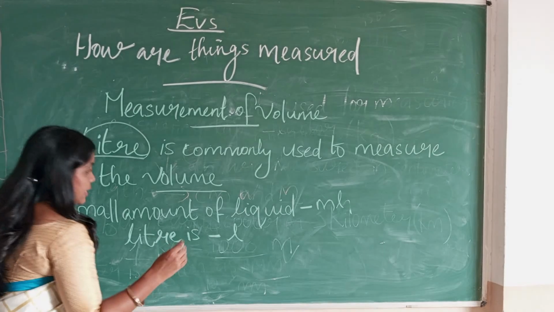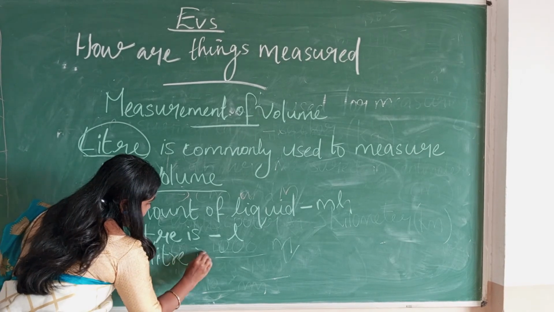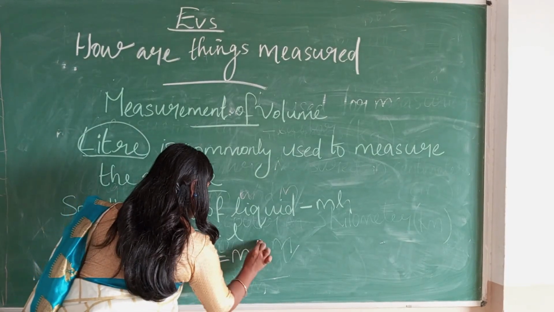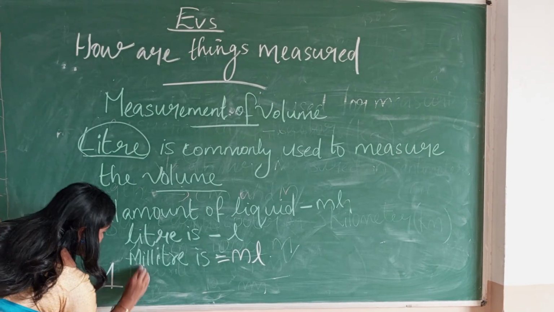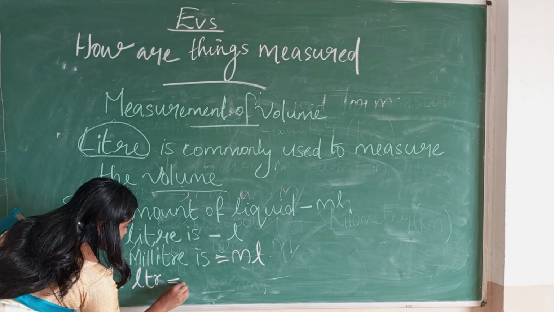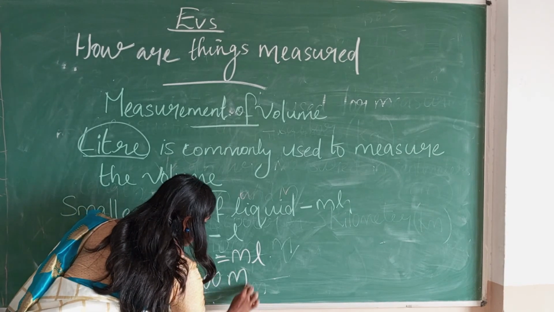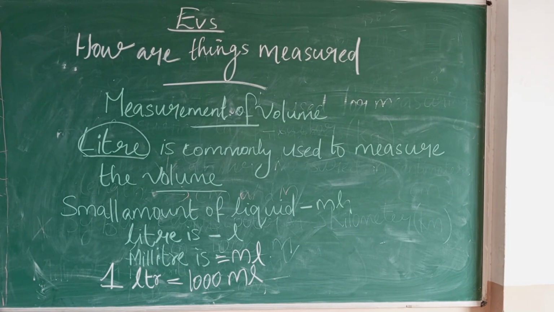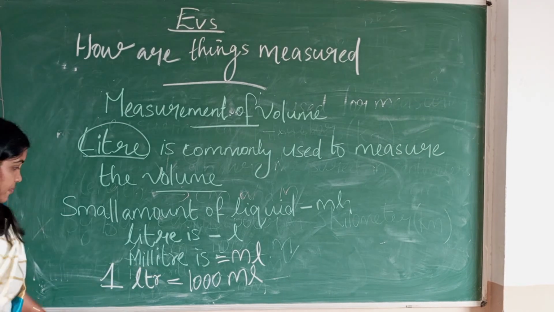Liter is written as L and milliliter is written as ml. So 1 liter is equal to 1000 milliliter. Very good. Standard: 1 liter, milliliter.